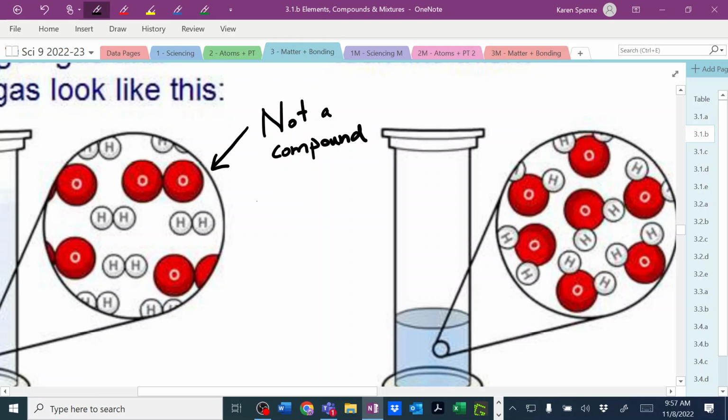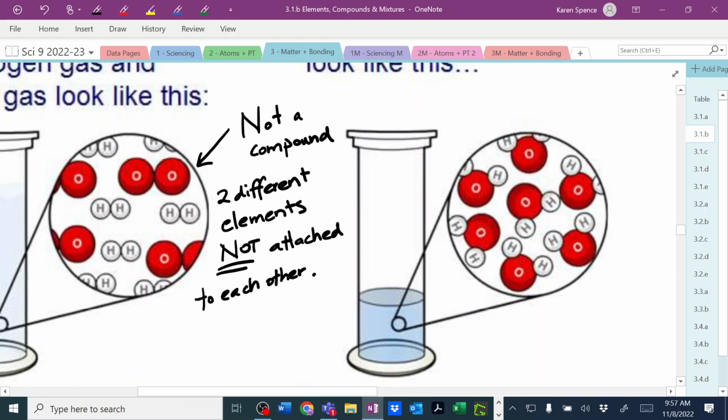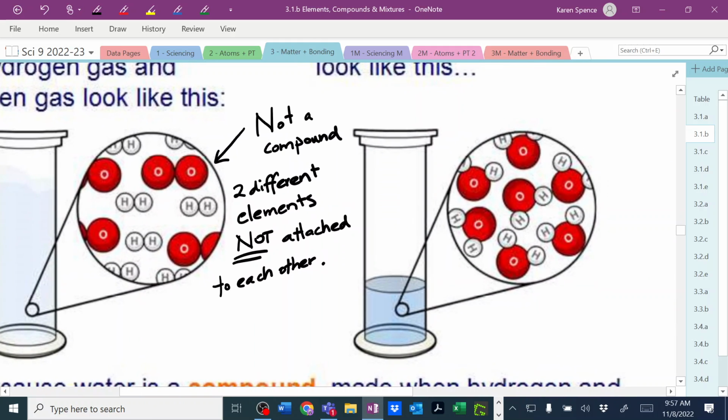They're not attached. So that's our mixture of hydrogen and oxygen.